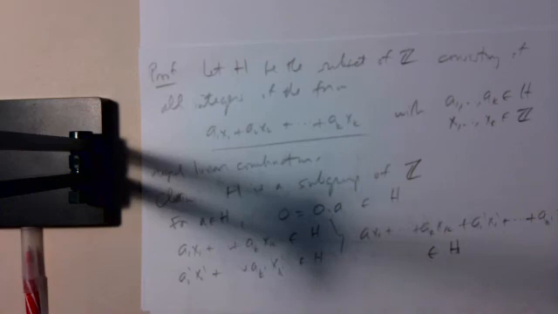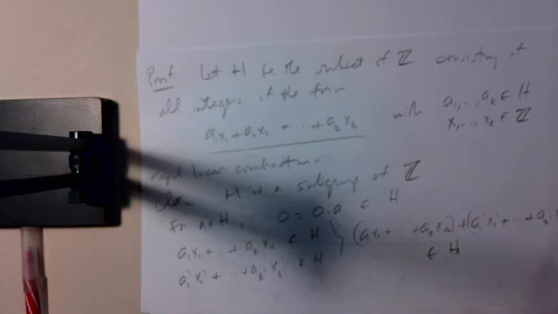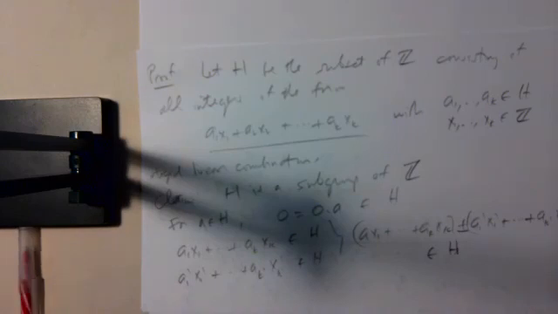And similarly, if you subtract. So H is a subgroup. It's closed under addition and subtraction. It contains 0 and it's a subgroup.